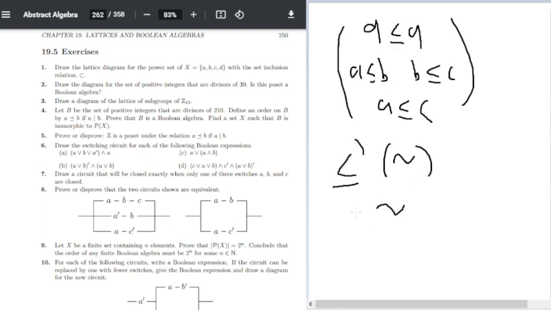We have A is equivalent to B if A is less than or equal to B, and B is less than or equal to A. It should be obvious that this actually induces, from just transitivity and reflexivity, some anti-symmetry.